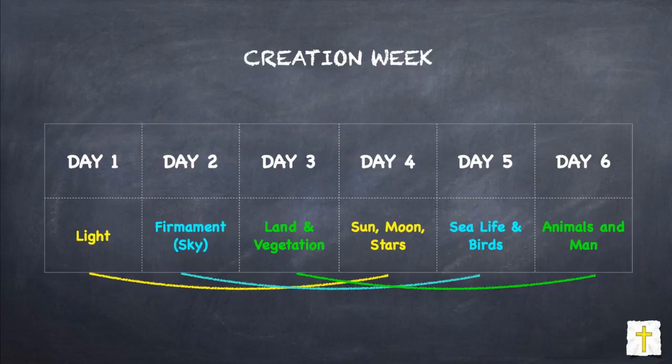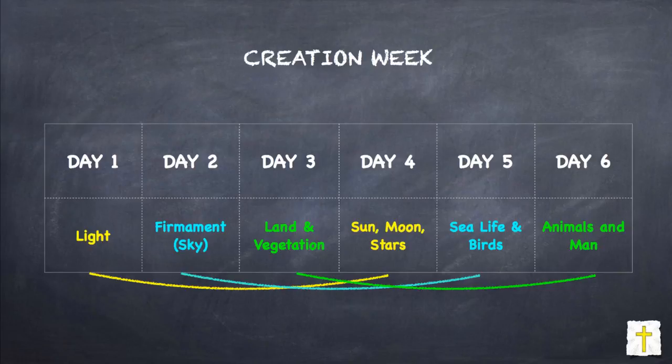On day 1, light was made, and then on day 4, the sun and the moon and the stars were made. These both gave light upon the earth. Day 2, the oceans were separated from the waters that were above, and the sky was created.